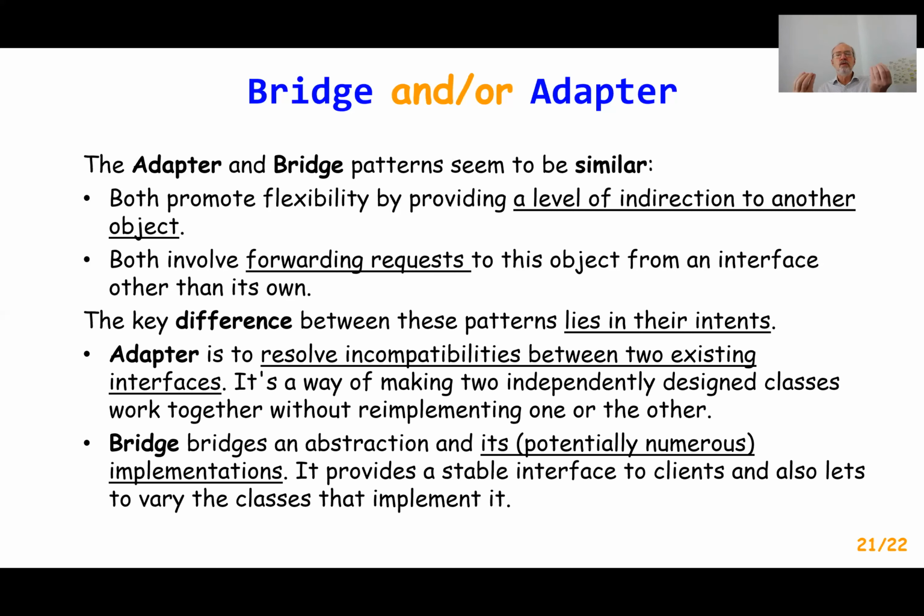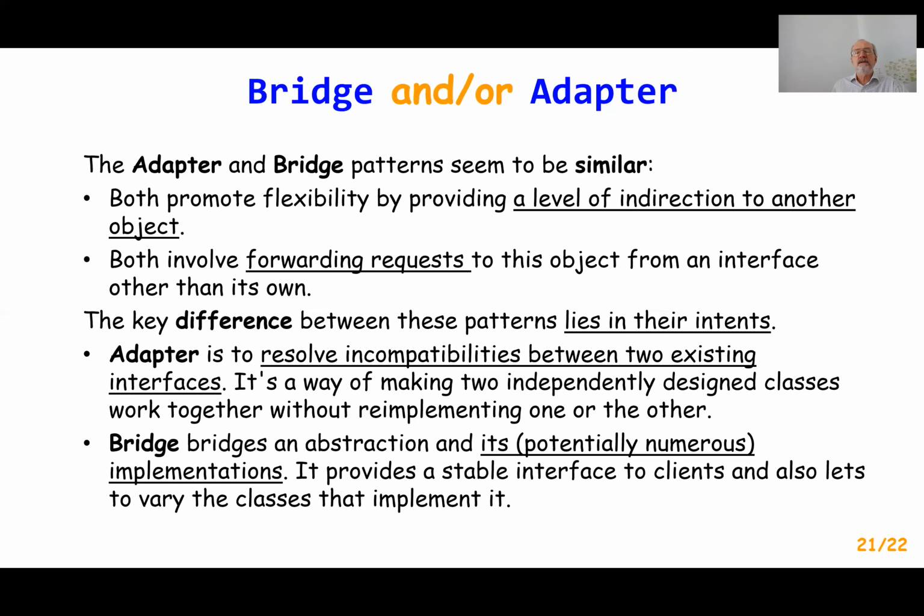We have two classes that are incompatible, and we need to resolve those incompatibilities, and we use adapter for that. Whereas the bridge pattern bridges, well, this is a kind of tautology. Anyway, it bridges an abstraction and its potentially numerous implementations.